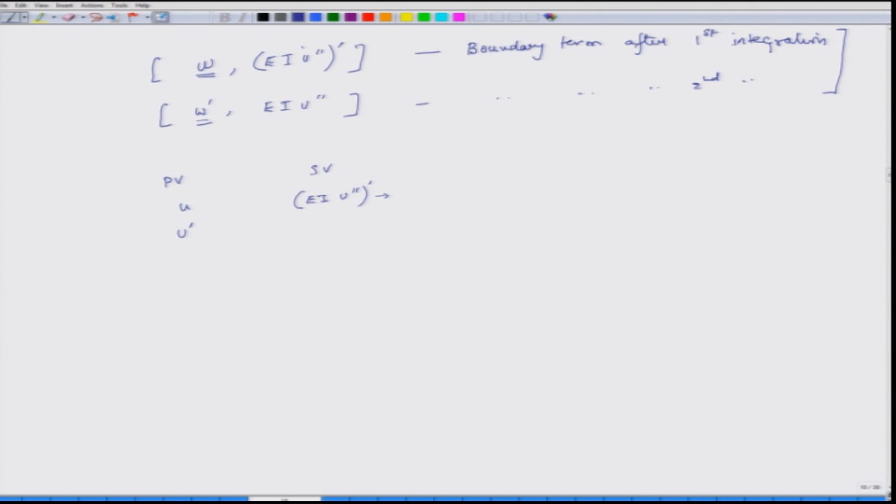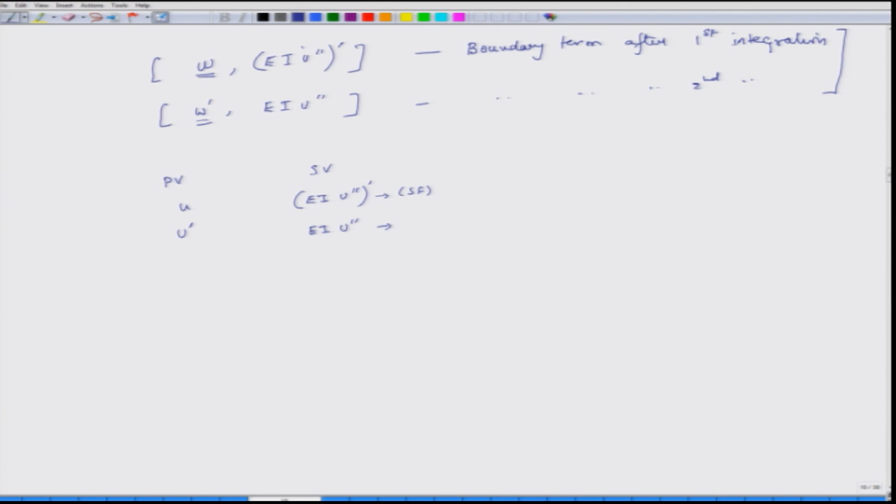It is the shear force. It is the shear force in a beam. This is the formula for the shear force, right? And E I u prime prime, this is my shear force, and this is E I u prime prime is moment, bending moment.